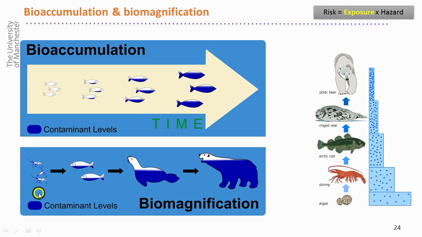A small fish eats the plankton, so the plankton has a bit of contaminants, and because the fish eats a lot of this plankton, it gets some higher level of contaminants, and it goes up the chain that way. At the top of the chain we have a very high level of exposure to this contaminant. So this is not specific to nanomaterials. This is a general toxicity.